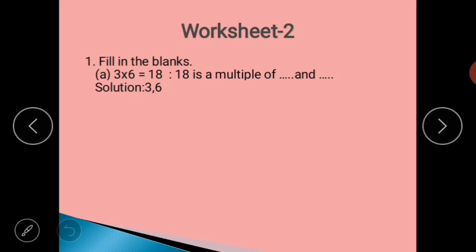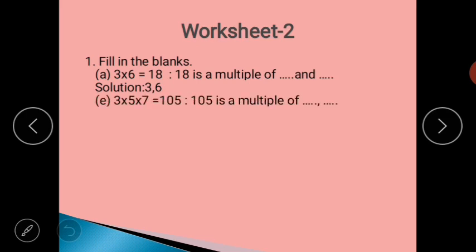So 18 is a multiple of 6 also. So here we can say that 18 is a multiple of 3 and 6. So our answer is 3 and 6.